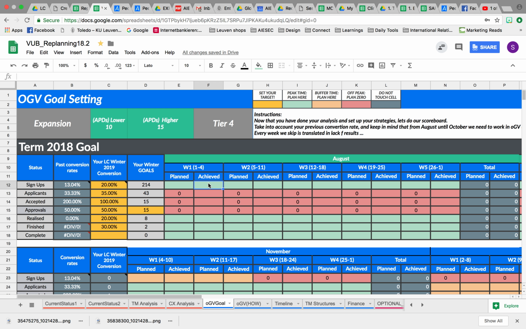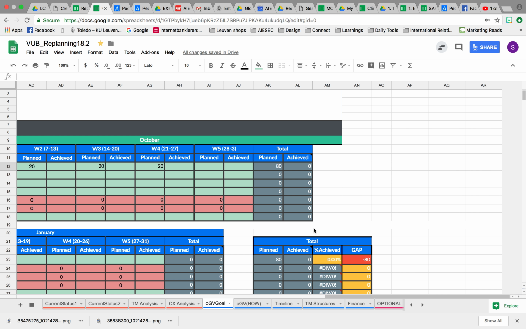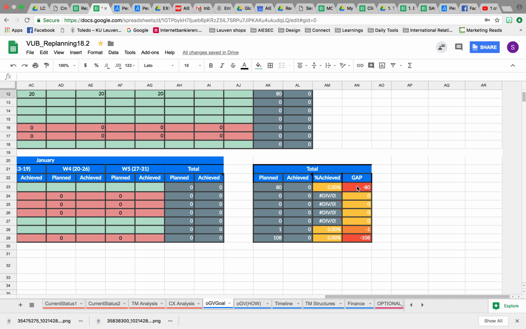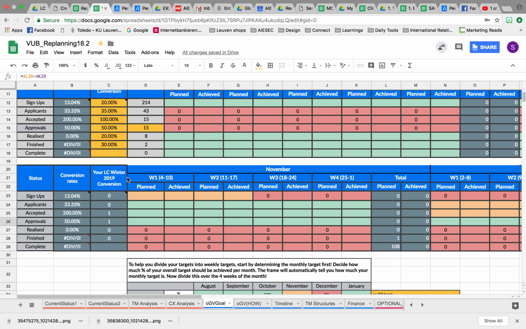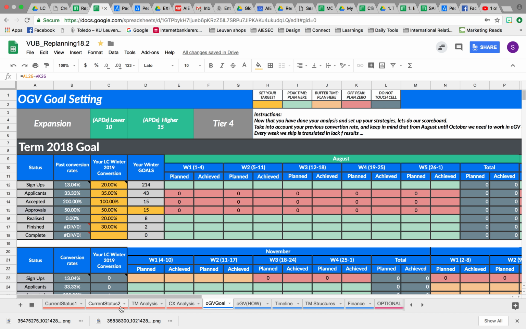So every week during EB meetings, you are updating what you have achieved, and you can each time compare it towards your plans, so you know what you need to catch up or whether you are on schedule. And also in the end, it is going to tell you exactly how many you are still missing to achieve your winter peak goal. That is it.